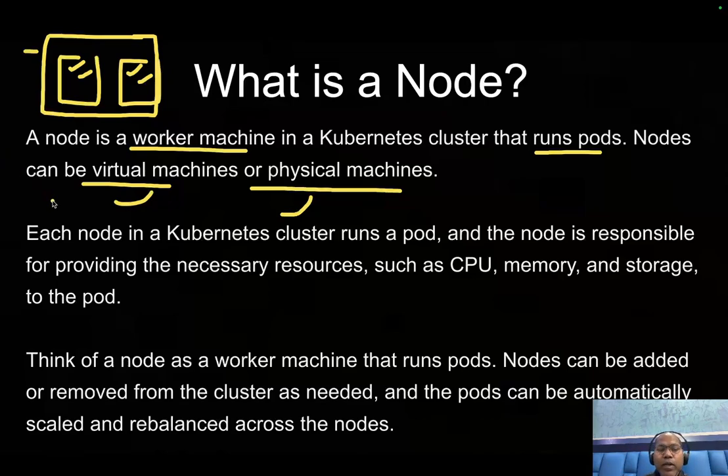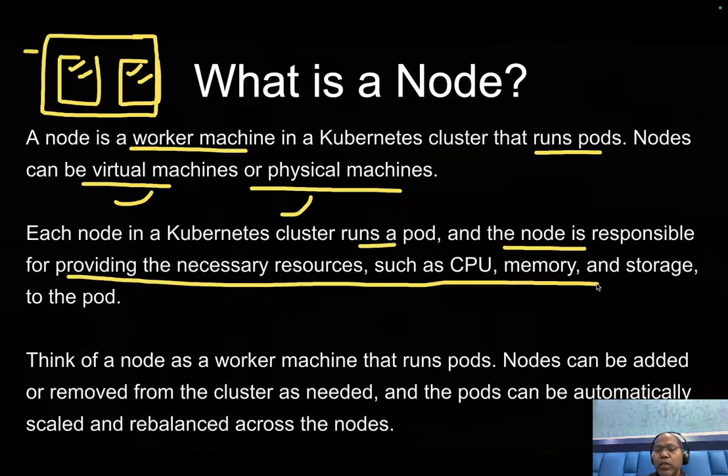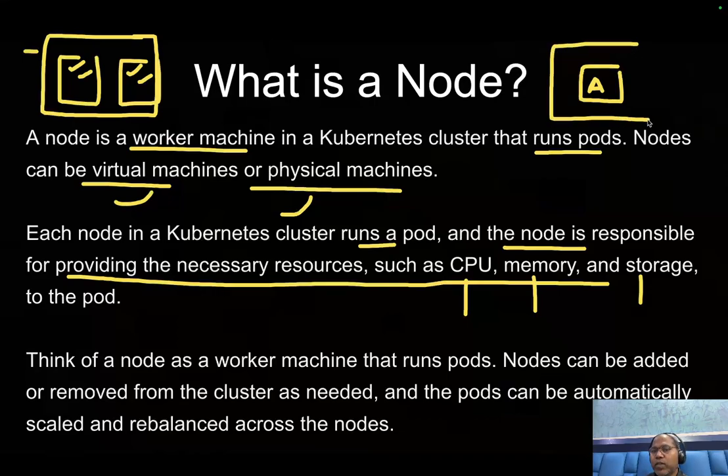Each node runs pods, and the node is responsible for providing the necessary resources, such as CPU and memory. Whenever you run an application, it surely requires CPU, memory, and storage. So who will provide them? The container your application has doesn't have them, but the pod under which it runs is responsible for providing the CPU.